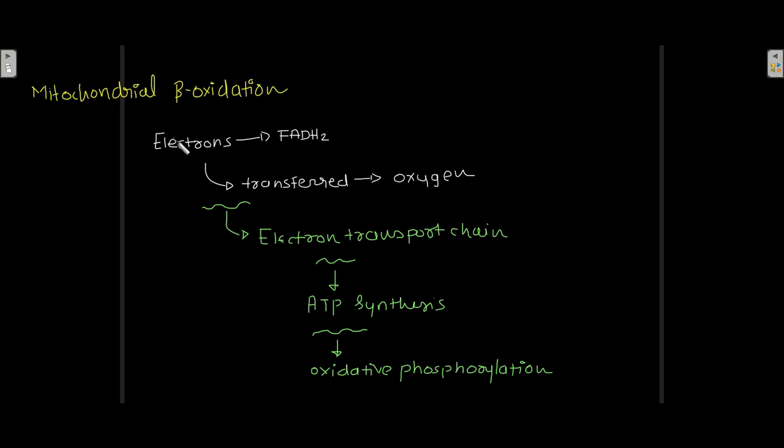So the electrons do not go to oxygen directly, but via the electron transport chain, and in this process there is ATP synthesis, which is known as oxidative phosphorylation. That happens during mitochondrial beta oxidation of fatty acids.